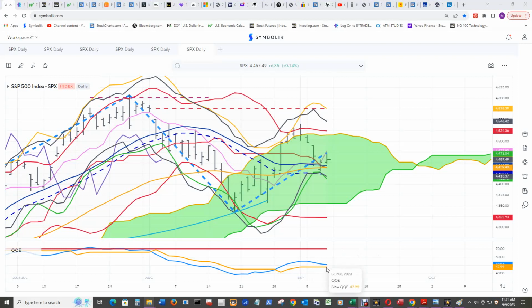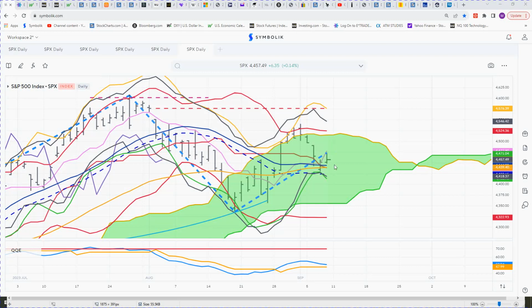But if this goes under the slow QQE, then there's pretty big trouble. But I believe that price for the S&P 500 is pretty well in check, and that probably won't happen. That would be my best guess.